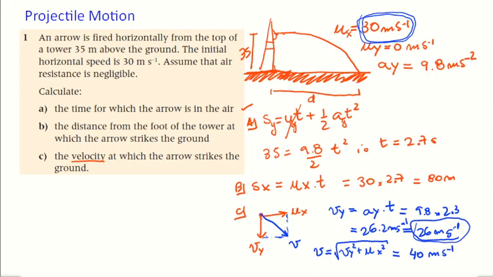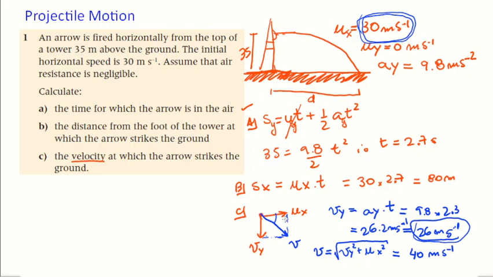Fair enough. Now, how do we find the angle? Let's say that we want to find this angle here. We can close a triangle, and for this angle, SOHCAHTOA, right?